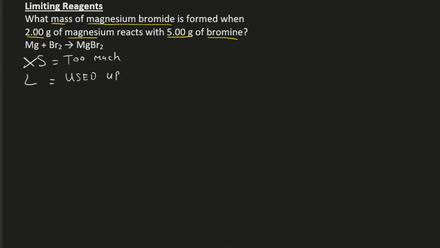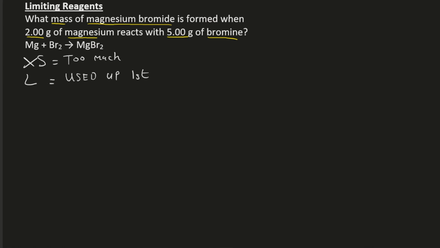And when we say that, what we're saying in essence is that one is less, i.e. one is going to be used up first and the other one is still going to be left over. And from this type of reaction, we can find out 2 things: the number of moles of both, and then compare which one has an excess amount and which one has a limiting amount.